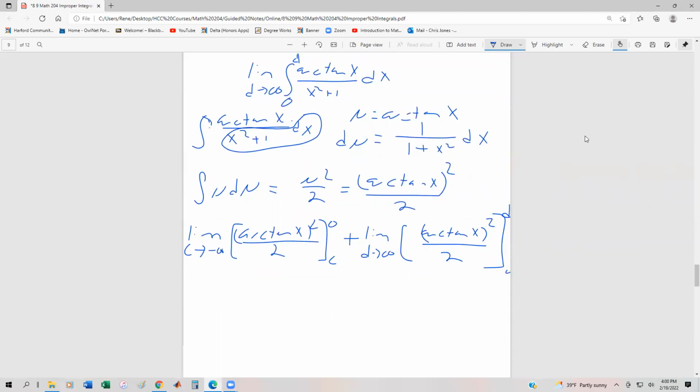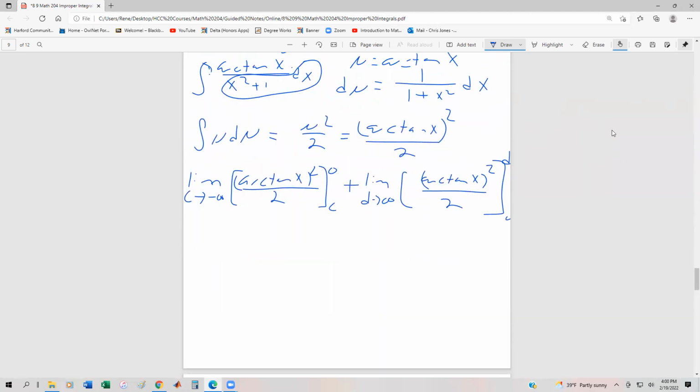Now we're going to use the fundamental theorem of calculus and plug in. We have the limit as c approaches negative infinity of, we plug in 0 first, so arctan of 0 divided by 2.